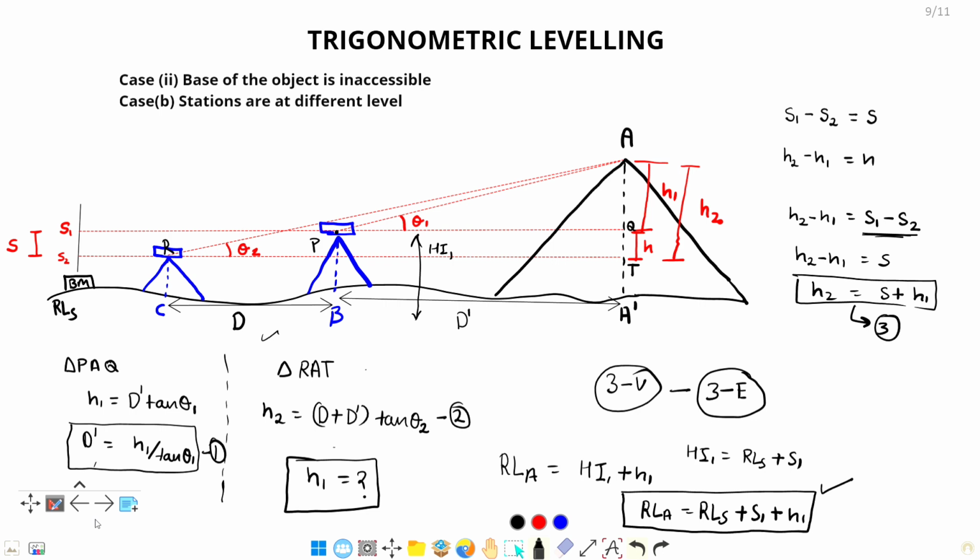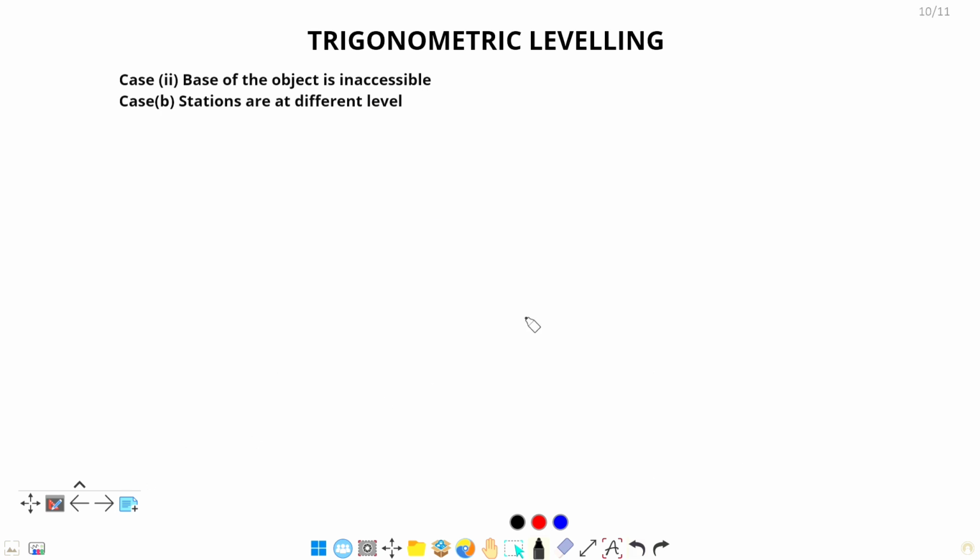We are just finalizing it. I have already started the photogrammetry module. That photogrammetry module will give you around 5 to 10 marks.